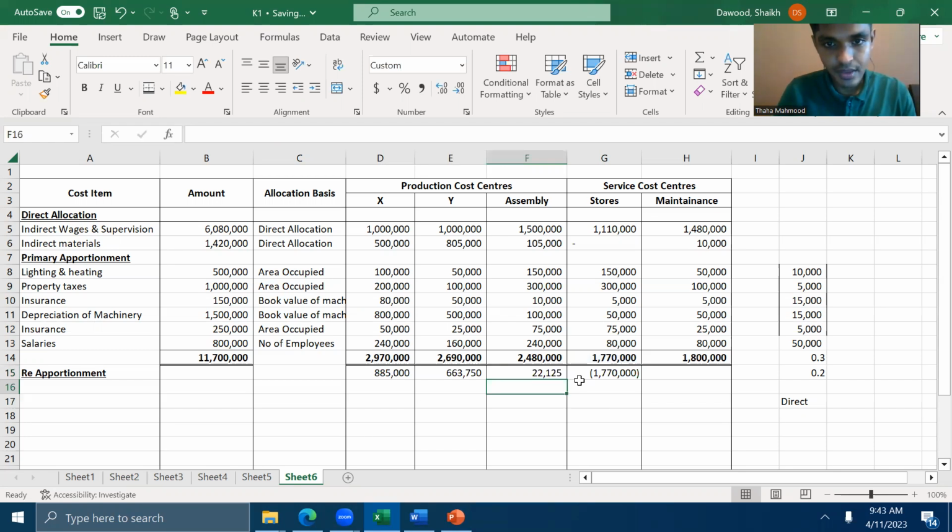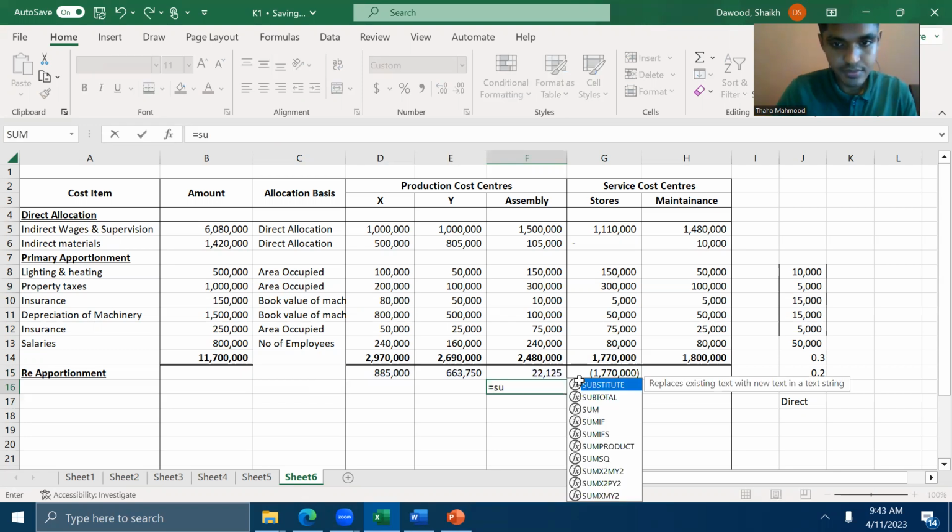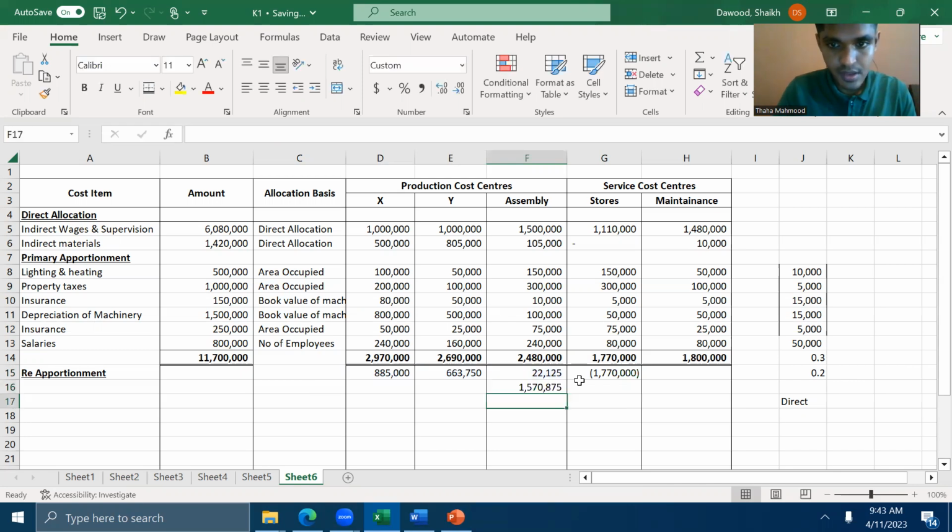Okay, the total would equal to, there is a small mistake, to the same amount. Okay, the next one would be this 1.8 million.